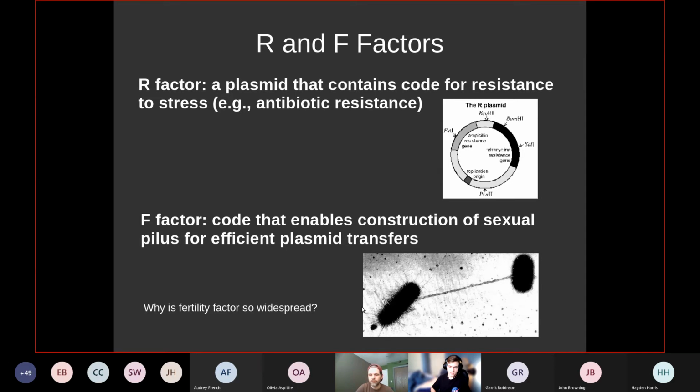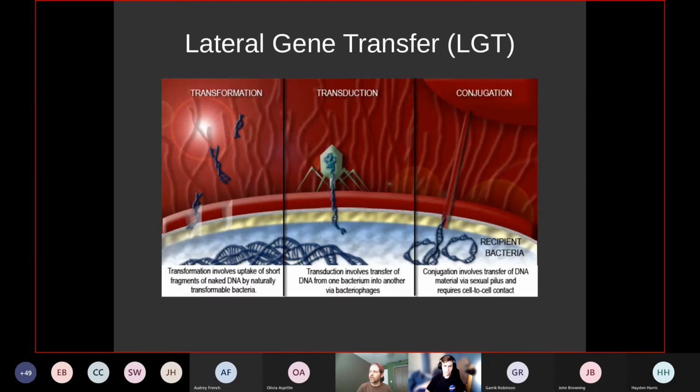Gives them a better chance of passing on the beneficial R factor. Definitely, much better chance. Okay, so if you want to help out your fellow bacterial cell, you just got this resistant factor and you're passing it on. You could just throw it into the environment.